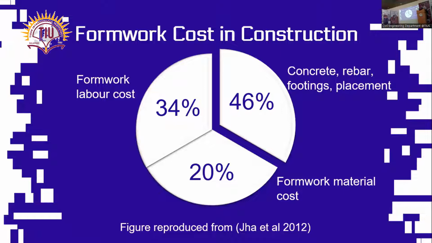But this is not quite an exact number, so it may vary from project to project, changing from 40 to 60%. According to the last literature I've been reading, it changes from about 35% in some projects to 60%. So that's a major change that we want to make in construction.